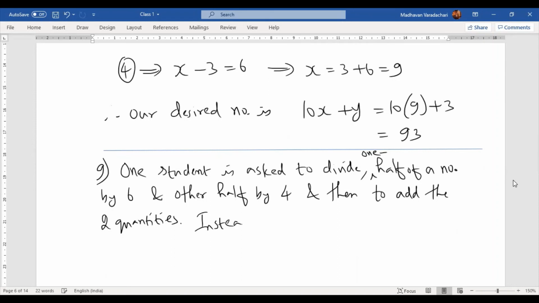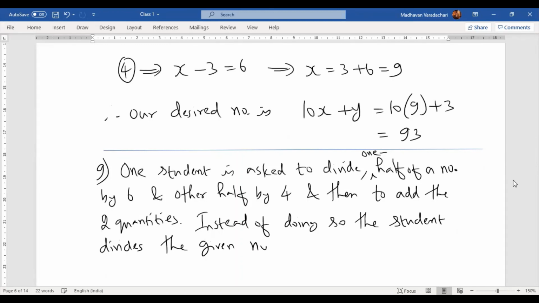Instead of doing so, the student divides the given number by 5.